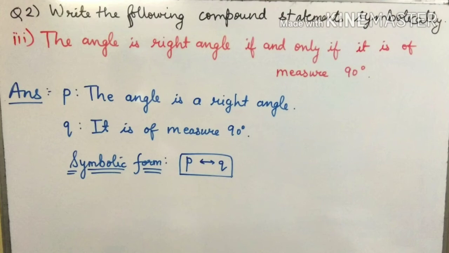Answer of question is consider P as the angle is right angle, Q as it is of measure 90 degree, and the symbolic form is P biconditional Q, because two statements are joined by the words if and only if.